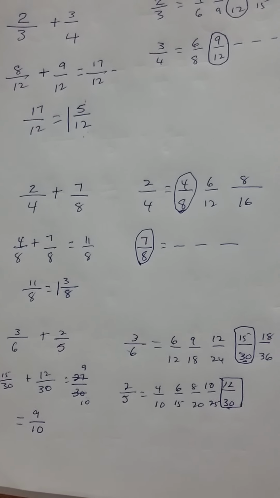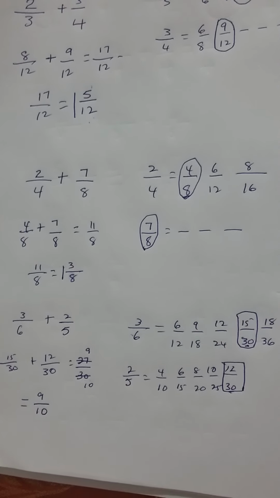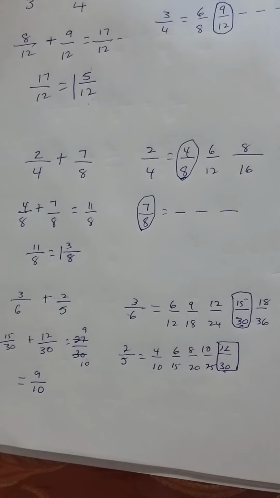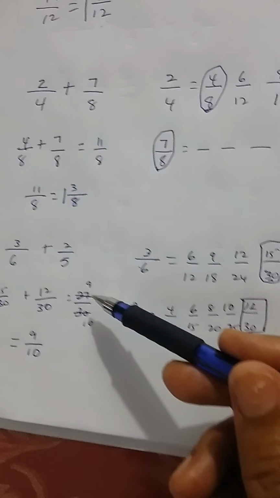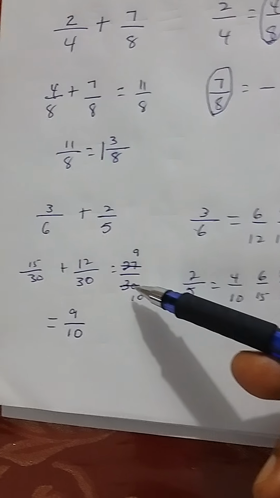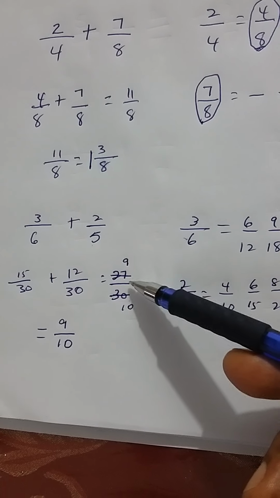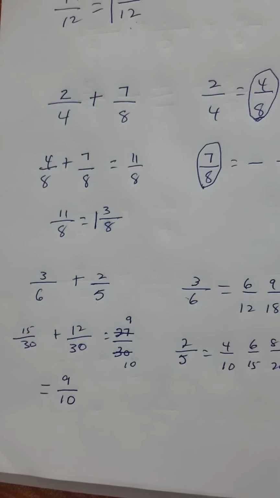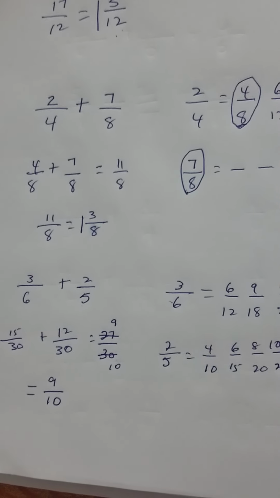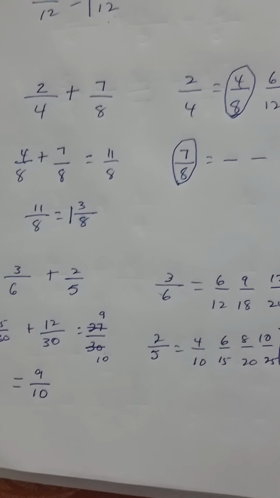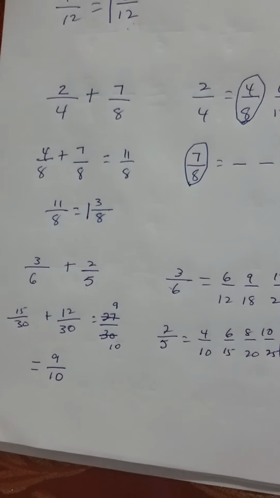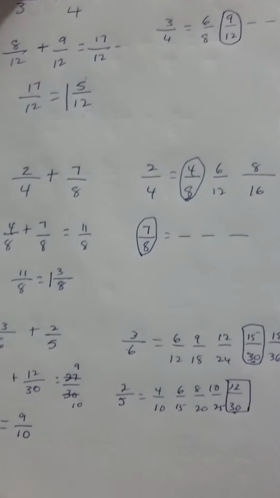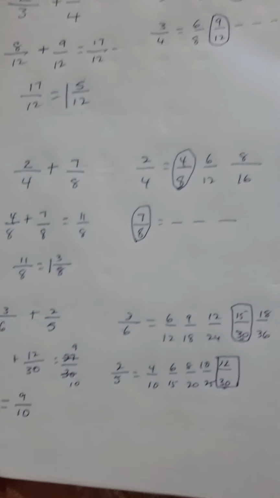And in case you get an improper fraction for your answer, you change it to a mixed number. And you always check to make sure that if you get an answer that can reduce to its lowest term, you simply reduce it and you have your final answer.